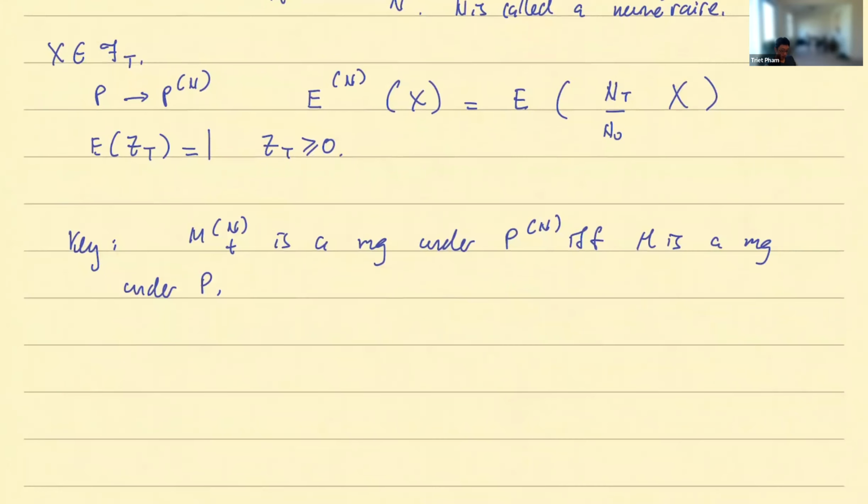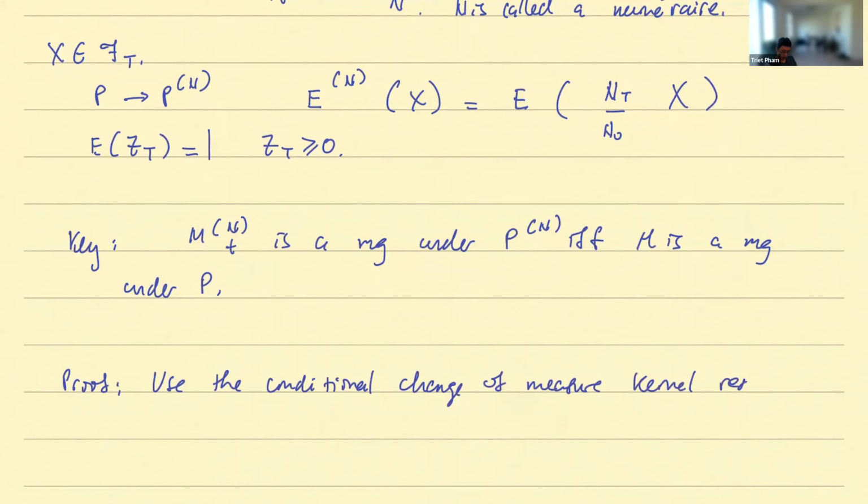Okay. So what's the proof? Use the conditional change of measure kernel result. So basically this is my Z_T.